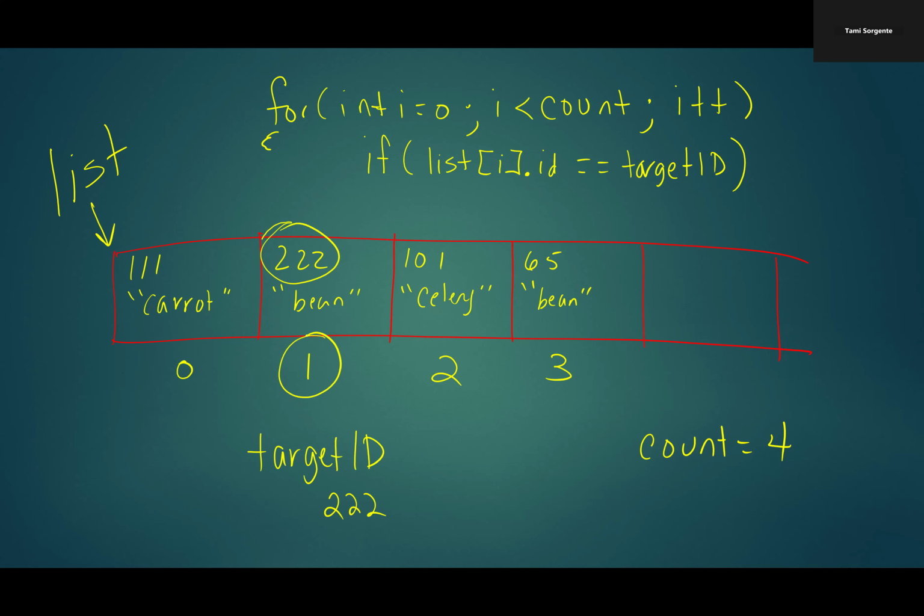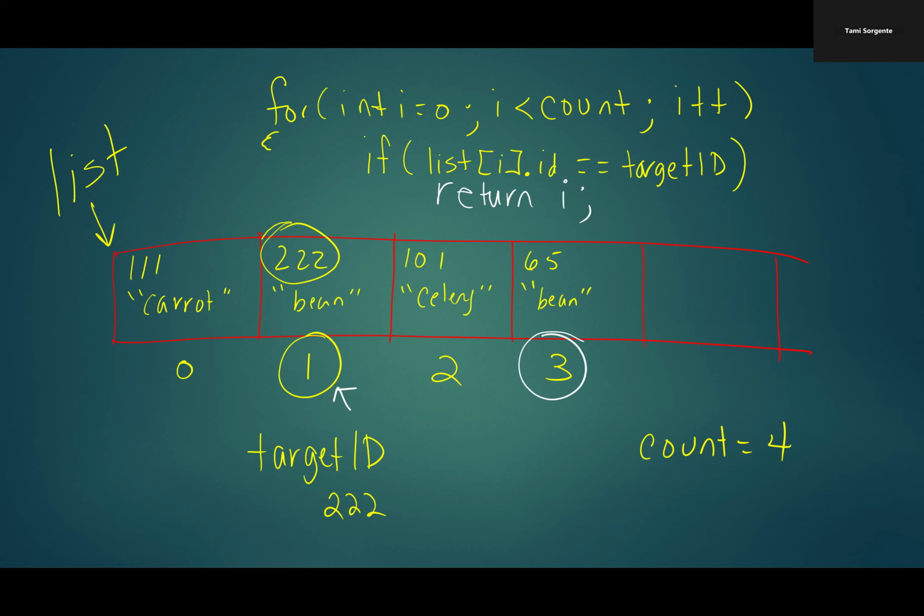So we're going to search one by one through each object in the list. And if we find a match, then we're going to return I, because we don't want to return the ID. We want to return the location. So if it's 222, the location would be 1. If target ID is 65, then I is going to be 3. That's where it's going to find it, right?